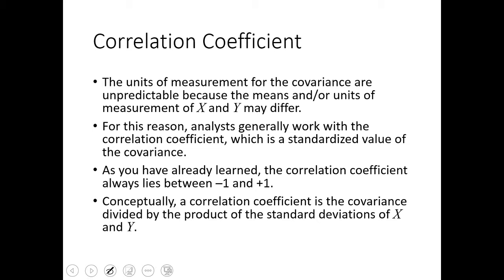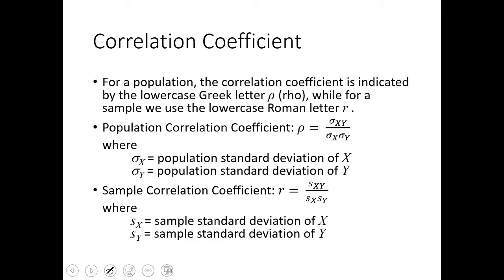And as you know, the correlation coefficient takes values between -1 and 1. The correlation coefficient is also divided into the population correlation coefficient and sample correlation coefficient.